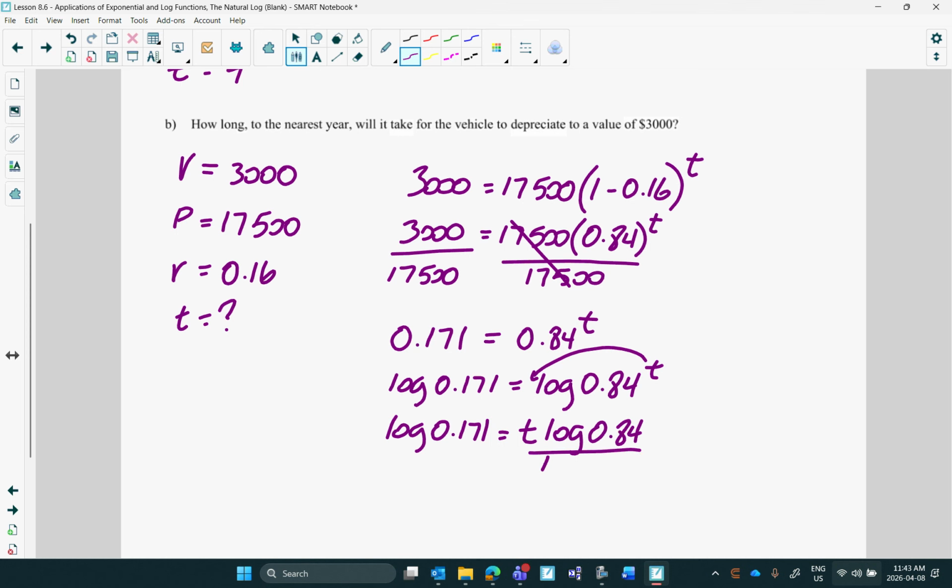And then we just divide by log 0.84 to get T by itself. Again, 1 decimal place: 10.1. Seems to make sense. Because it took 4 years to go to about half its value, and this is going down even further, over 5 grand more, you'd think it would take well over 4 years, which 10 is.